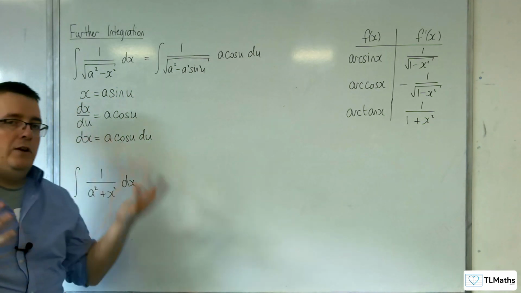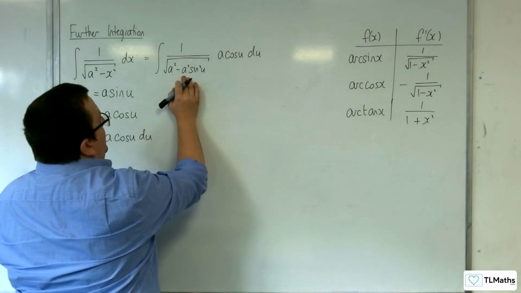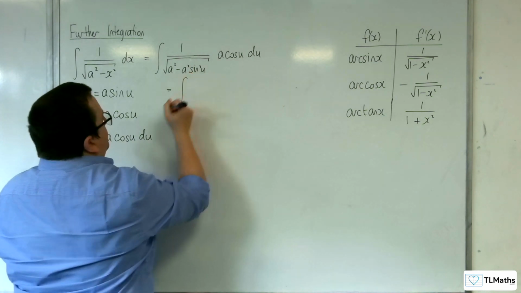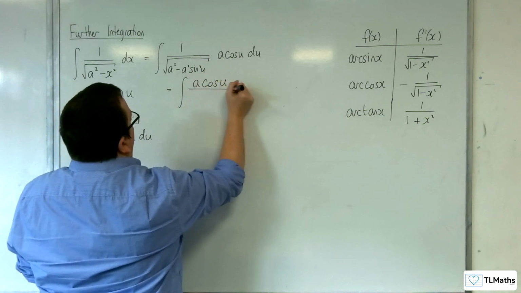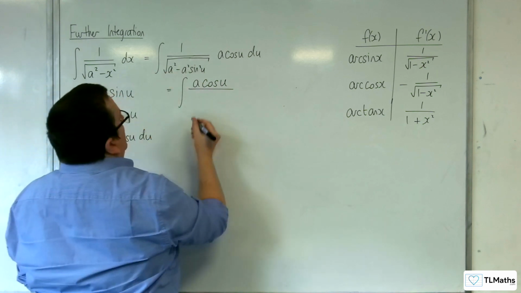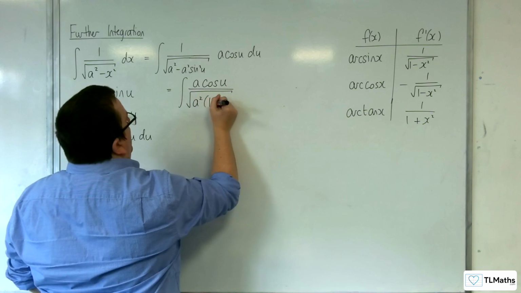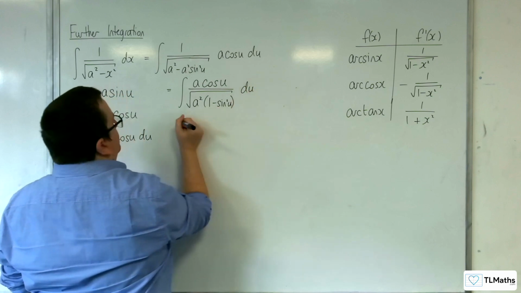Now you might think this is looking quite complicated, but we can factor the a squared out of the denominator. In the numerator we've got a cosine u. In the denominator, if I factor out the a squared, I've got the square root of a squared times 1 minus sine squared u, du.